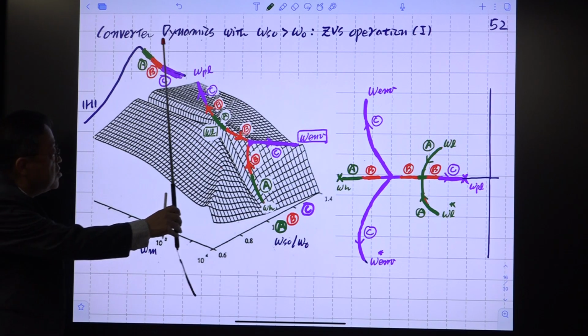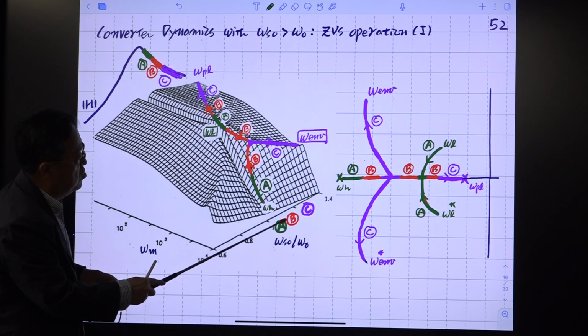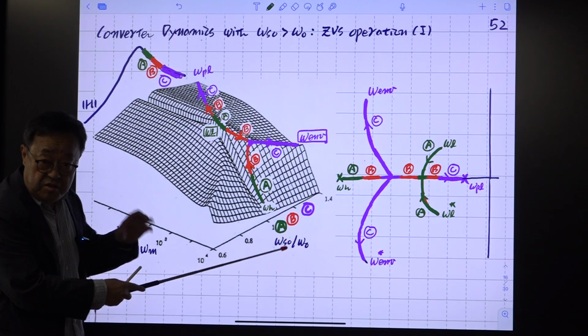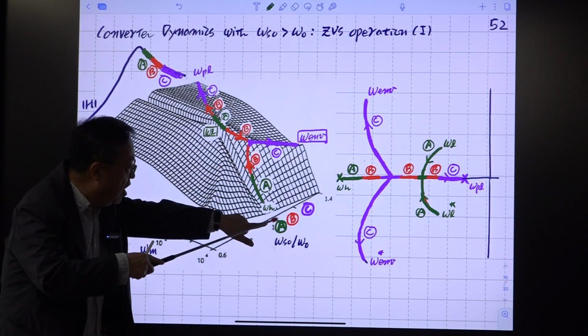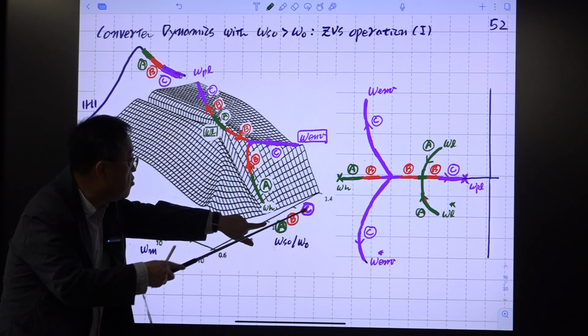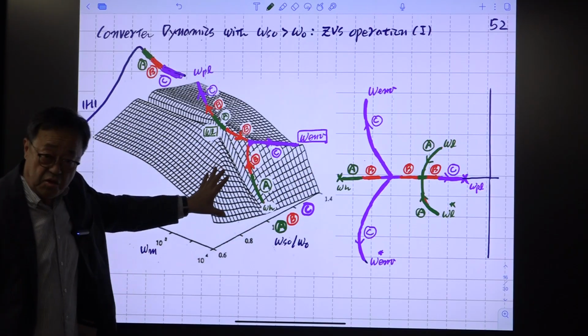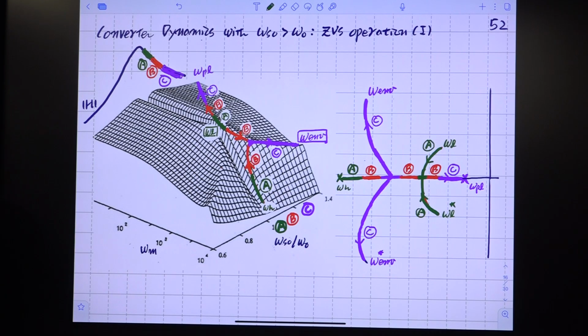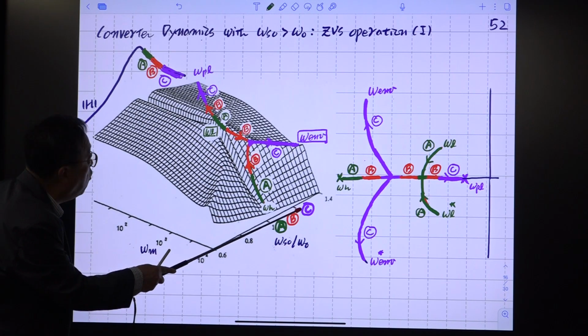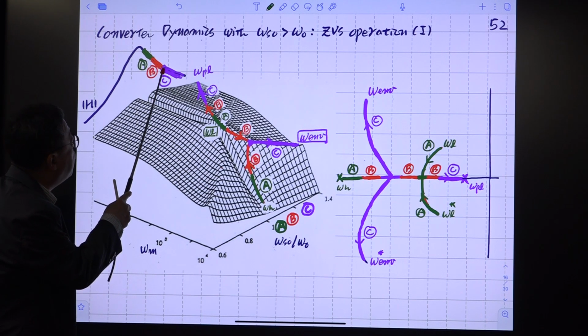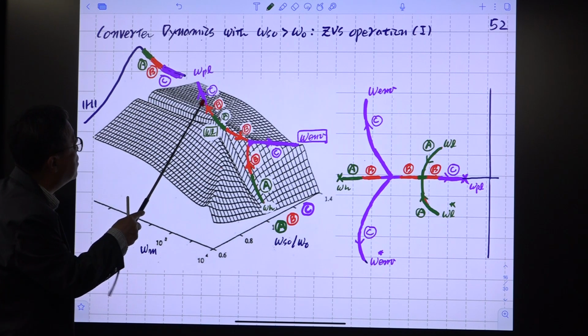Okay? Then this corresponds to this B area. Assume you start here, and you are running in this direction, looking at this, and you are seeing the pole trajectory of the frequency to output transfer function. Okay? So you run here and you run more. So you go down further than this part. Okay?